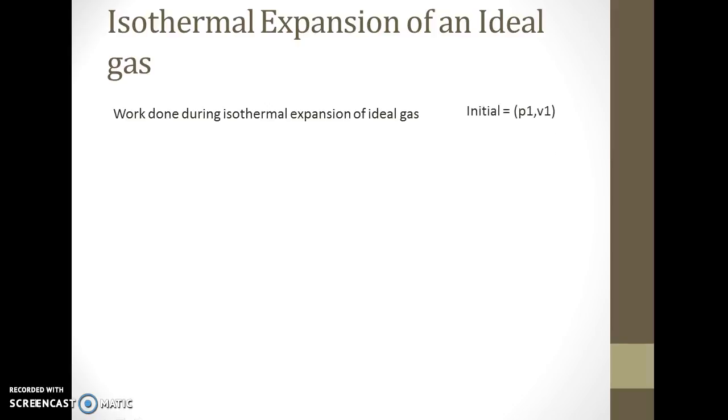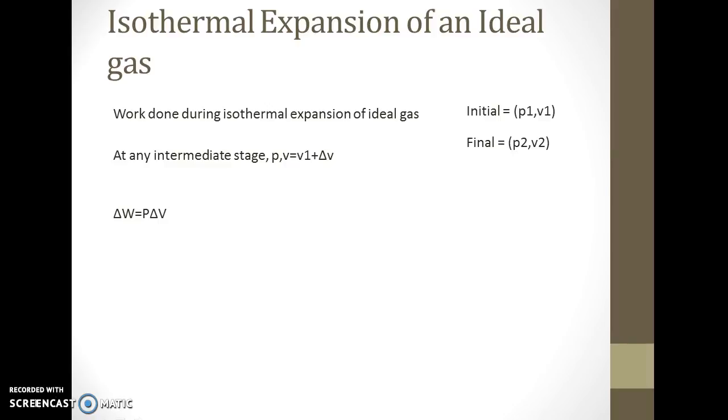So if we consider an ideal gas equation wherein the initial stage has P1 V1 value and the final stage has P2 V2 value, then at any intermediate state P comma V will be as shown on the screen, that is P will be constant and V will be equal to V1 plus delta V.